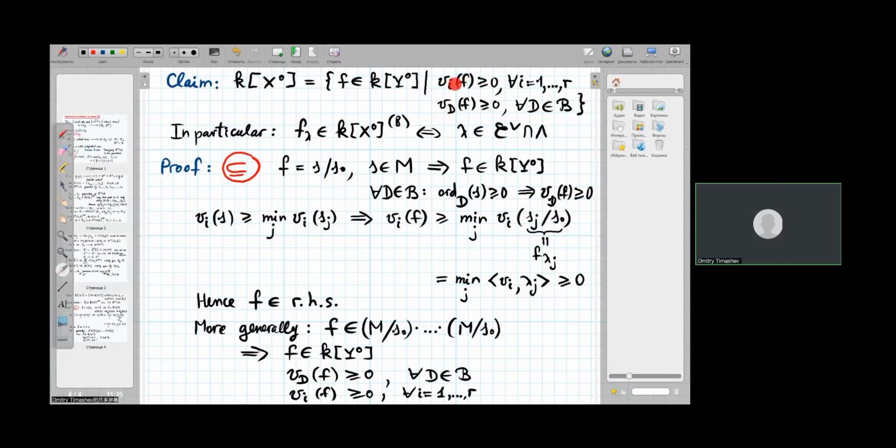Because this just says that if you have the pairing of lambda with all these v_i's greater or equal than 0, then you have the pairing with v also greater or equal than 0. But this argument works only for B semi-invariant functions.